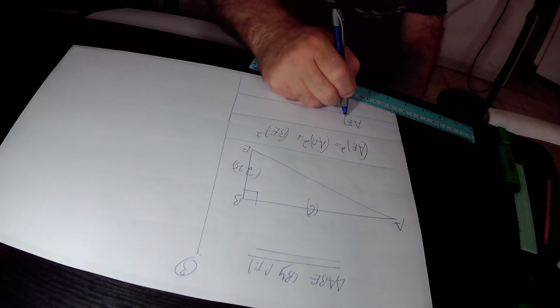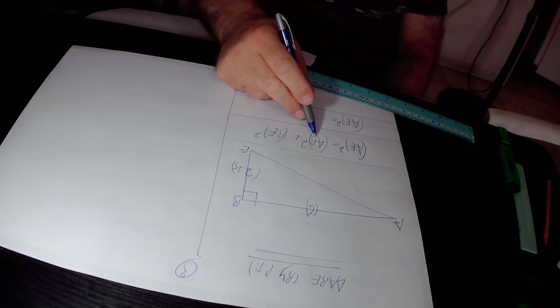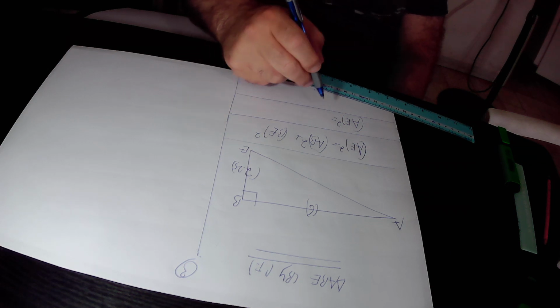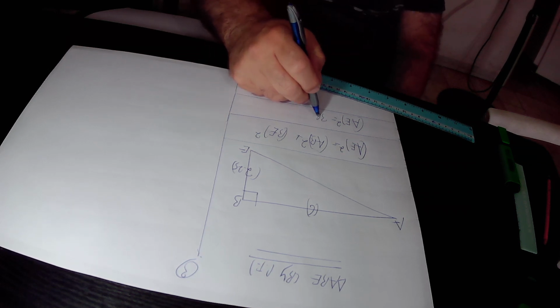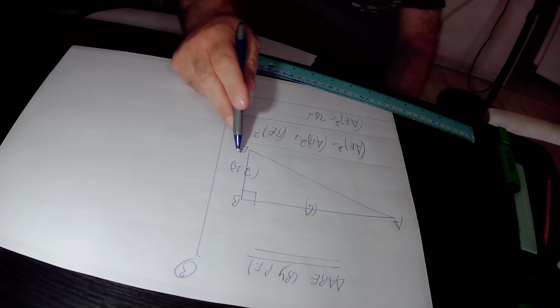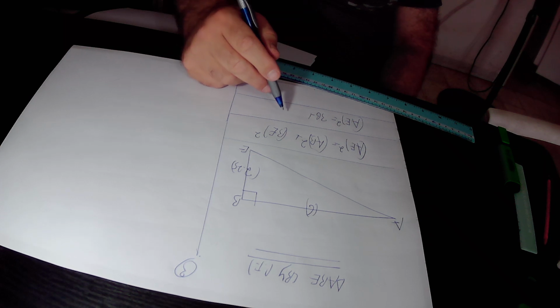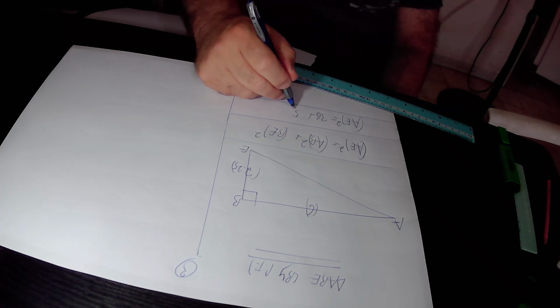AE squared equals AB squared. AB is 6, therefore AB squared is 6 squared, that is 36, plus BE squared. BE is 2.25, therefore BE squared is 5.0625.